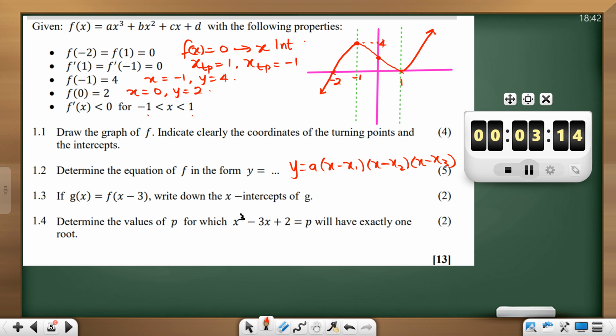How did you get a equals 1? I'm hearing the word assumption. Found a. Calculate, let's calculate.